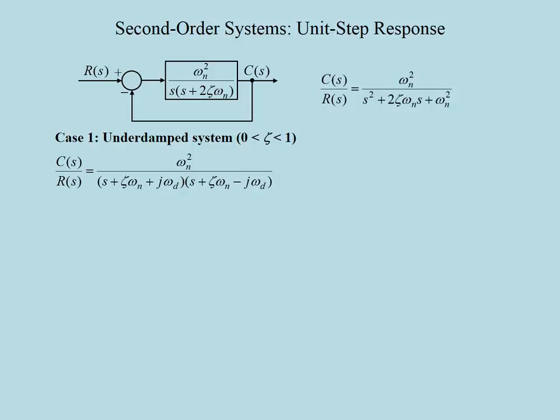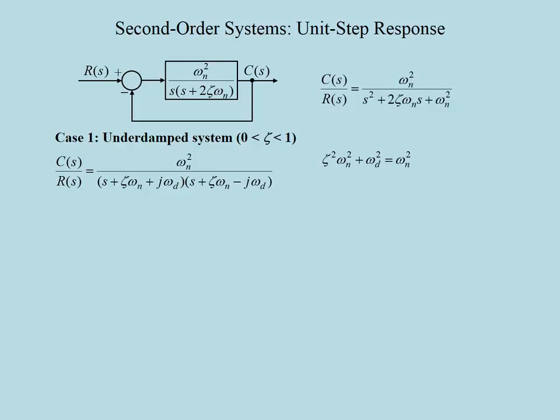We can factorize the denominator polynomial by considering that the real part of the poles is minus zeta omega n and by calling the imaginary part omega sub d.